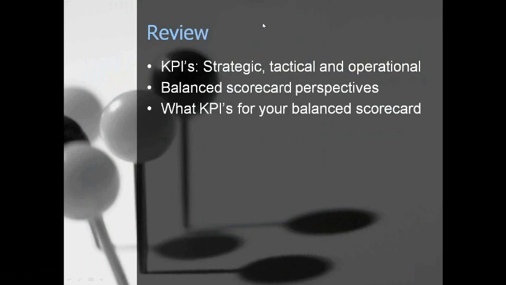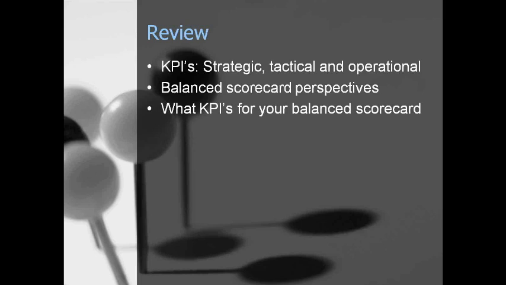So let's wrap it up. We've looked at KPIs, 3 different categories. Strategic looks at how we're doing, meeting our goals of where we want to take the organization. Tactical, how we're executing our plans on a month-to-month basis.